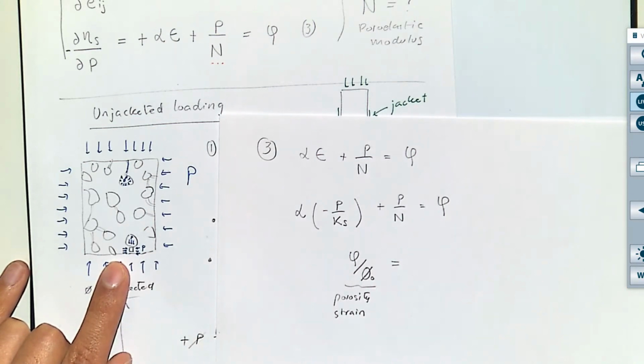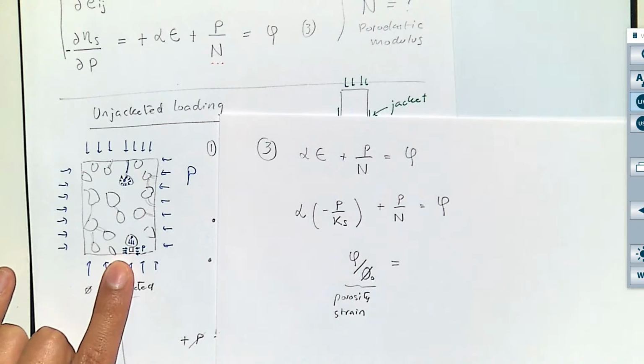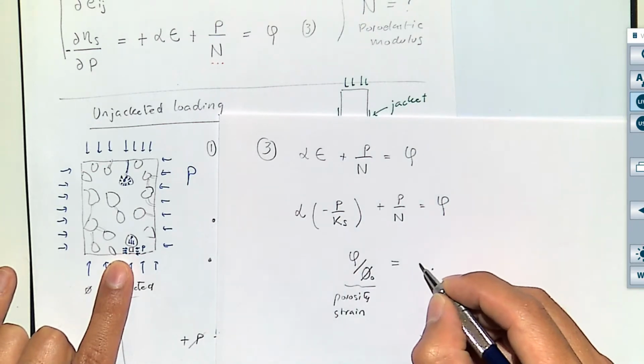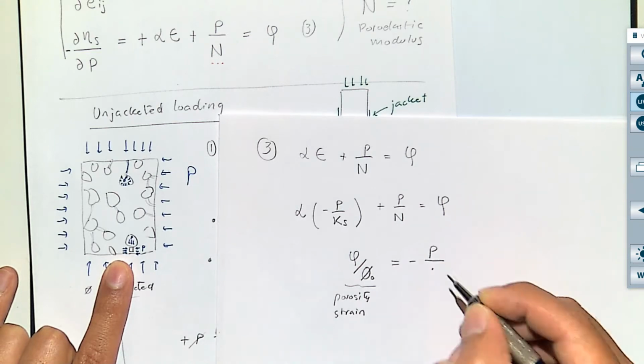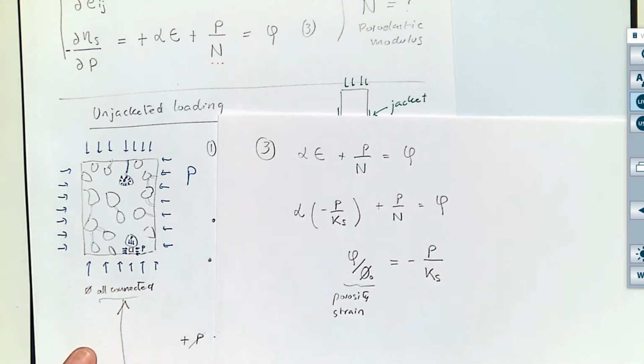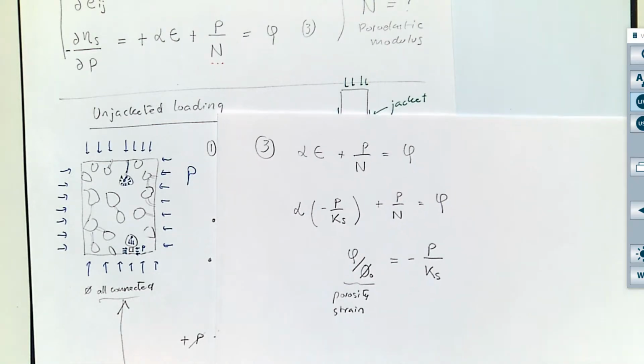So if I have a volumetric strain of the solid part, let's say of 1%, our porosity is also going to change 1%. So that porosity strain is going to be also 1%. And therefore, this is going to be equal to the same strain, P divided by the bulk modulus of the solid.